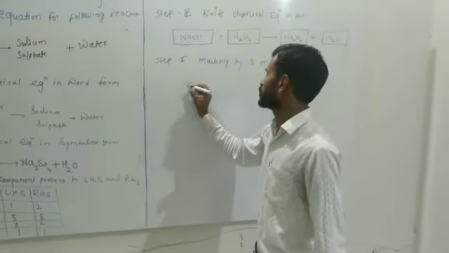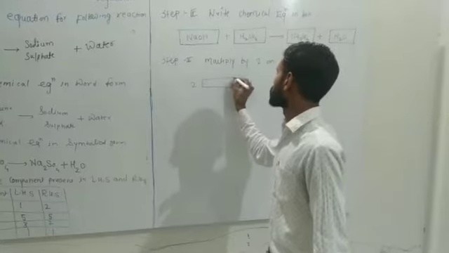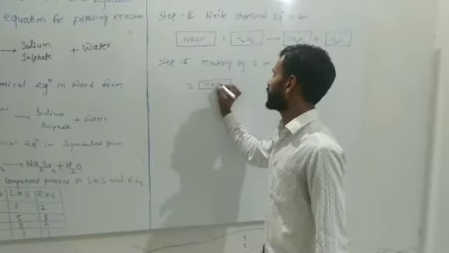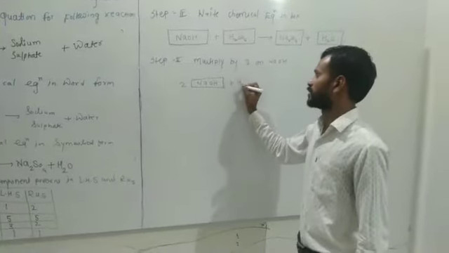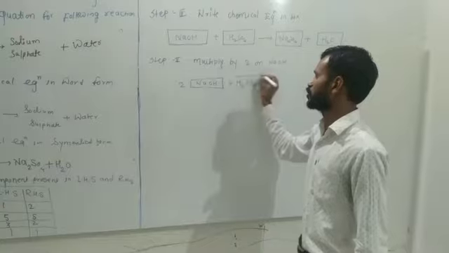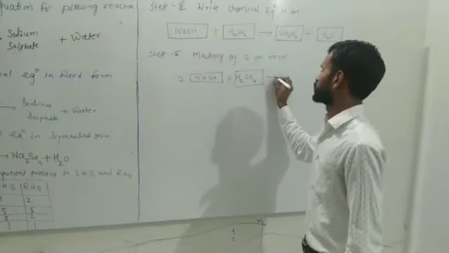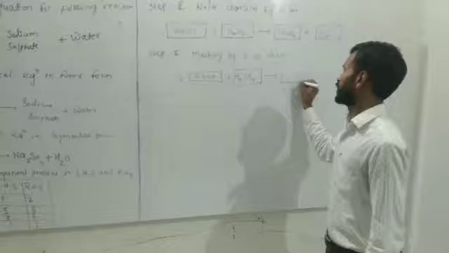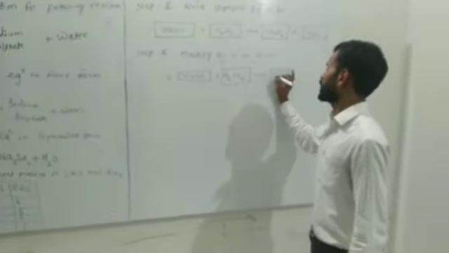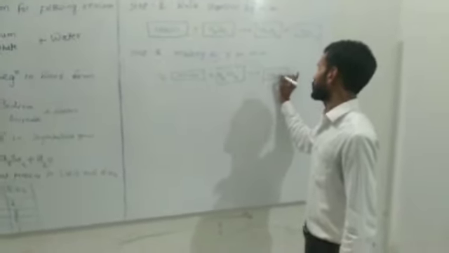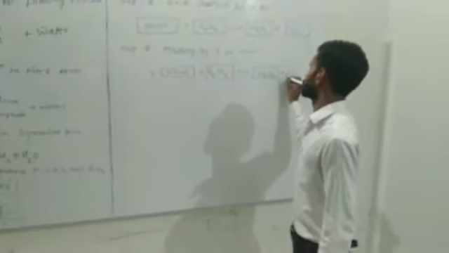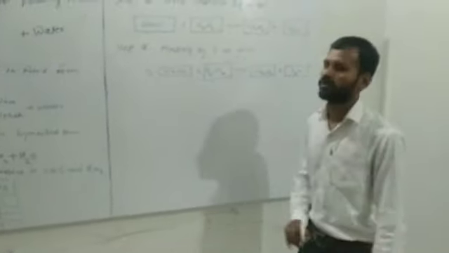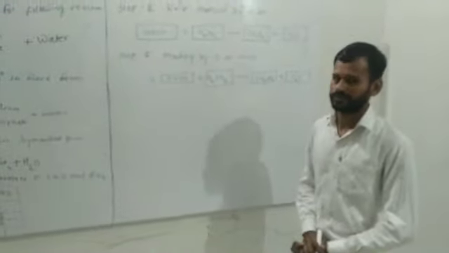So twice NaOH plus H2SO4 as it is, forms Na2SO4 plus H2O.